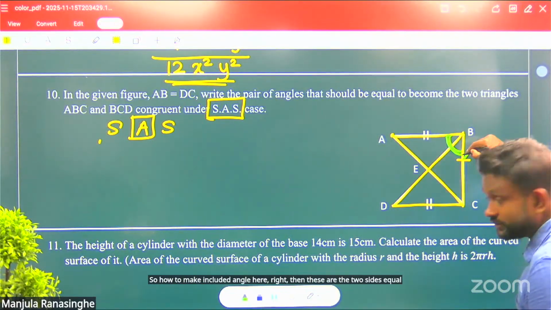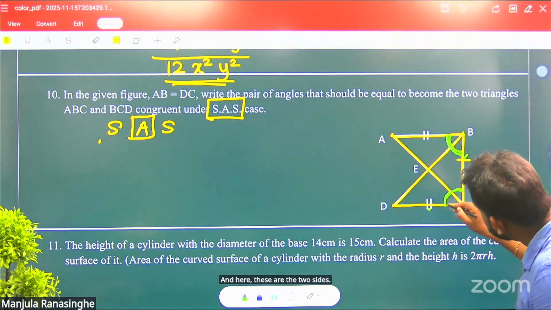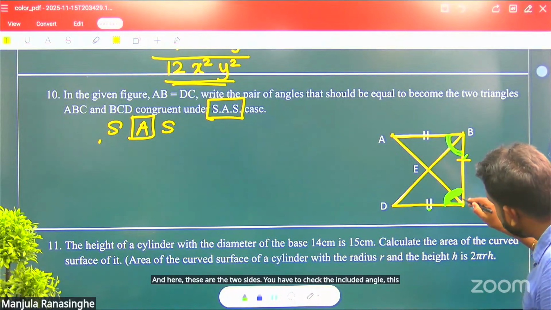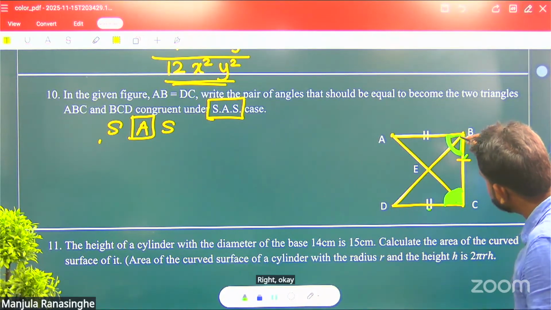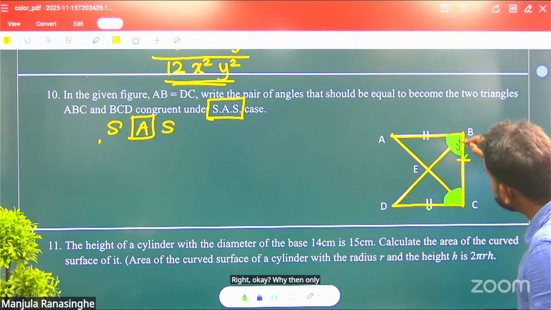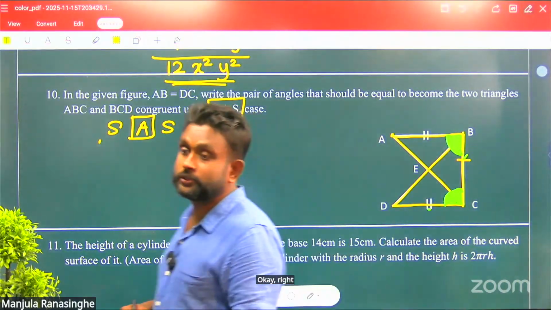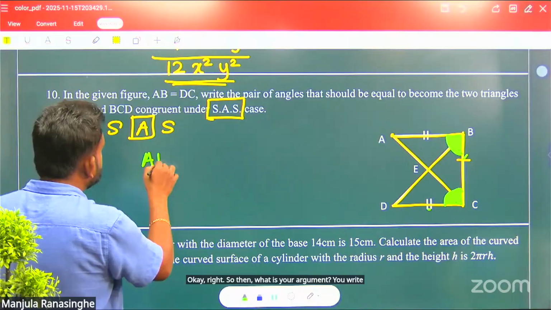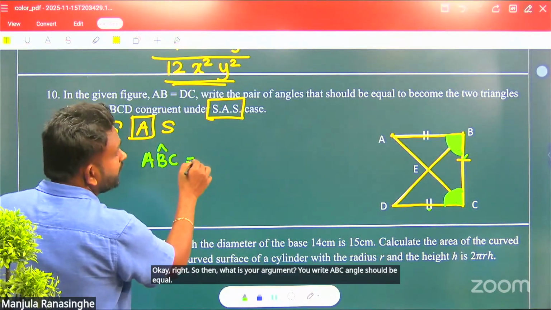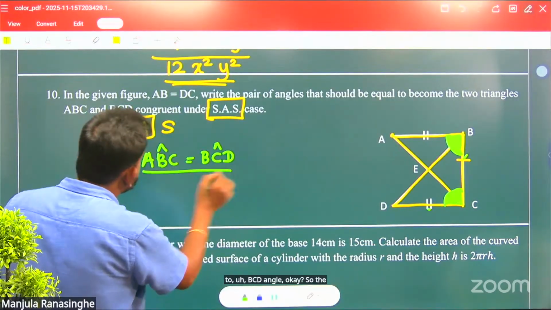And here are the other two sides, and you check the included angle, this one. So we choose both these angles. Why? Only then is it included between the two equal sides. So your argument is: angle ABC should be equal to angle BCD, the angle included under this case.